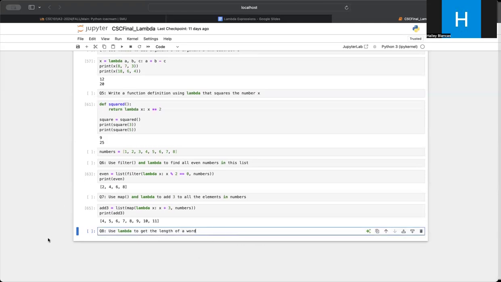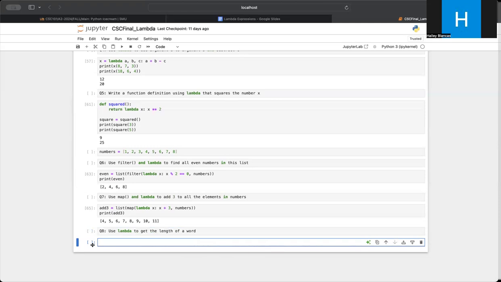Question 8 says, use Lambda to get the length of a word. So we're going to do this like we did our first functions. We'll call this word length because we're finding the length of a word. Then we're going to write lambda word to represent the word we're going to use. And then to find the length of a word, we write len word.